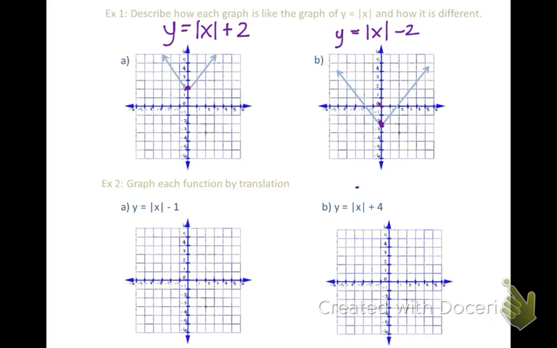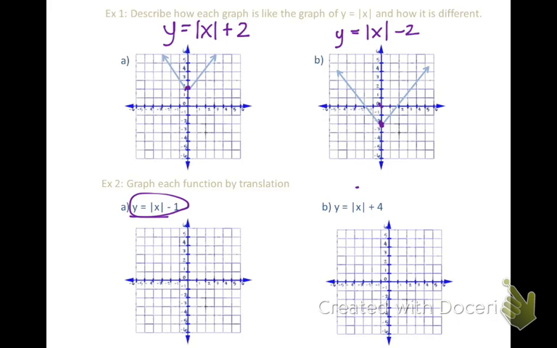So on example 1, they'll give you the graph. But on example 2, you're going to have to graph it, so you're going to have graph paper for this. This time they give you the problem, and it's y equals absolute value of x minus 1. Again, the number is on the outside, so we're going to look at it vertically.